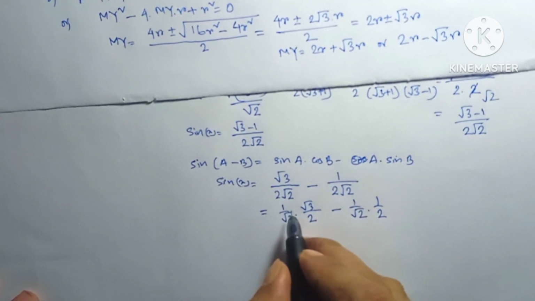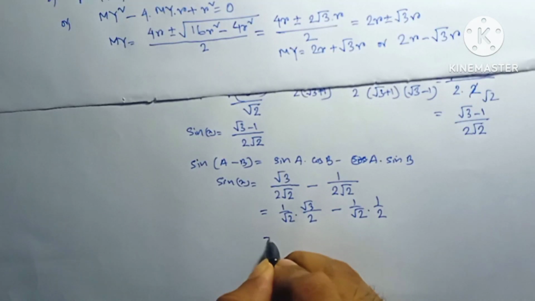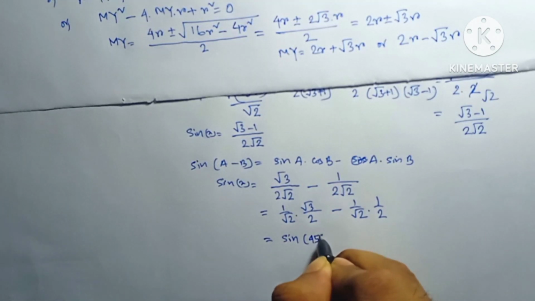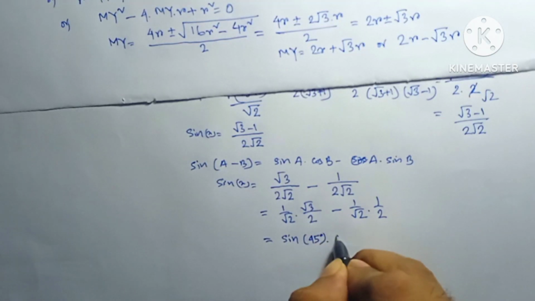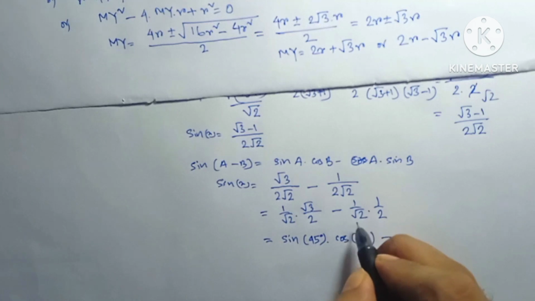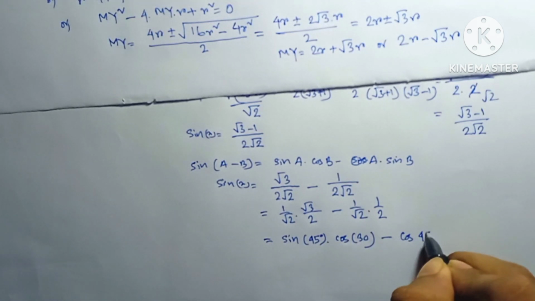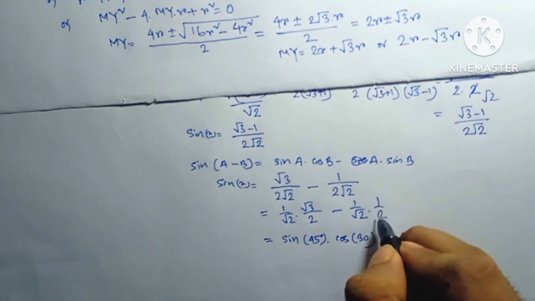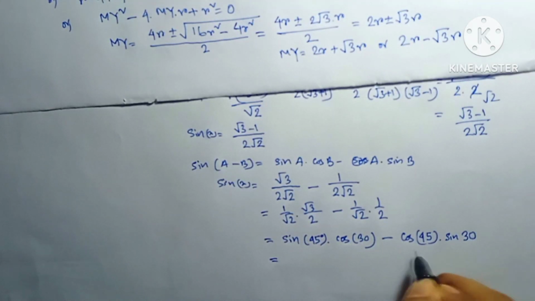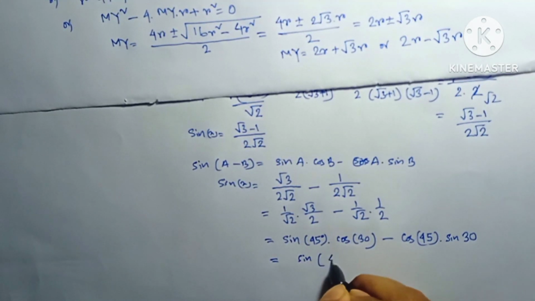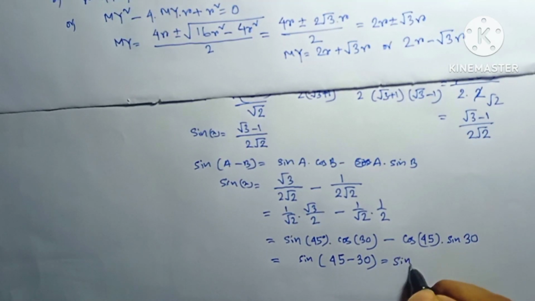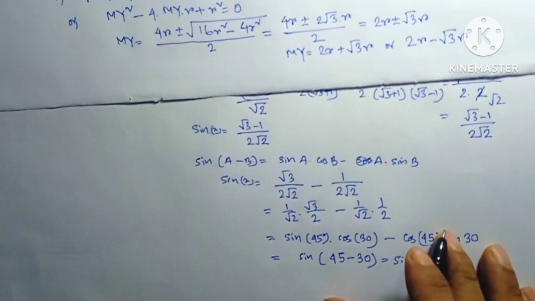Now, we know the standard values of sine theta and cos theta. So 1 over root 2 is sine of 45 degrees, root 3 by 2 is cos of 30 degrees, this 1 over root 2 is cos of 45 degrees, and half is sine 30 degrees. So you can write this term as sine of 45 minus 30, which is equal to sine of 15 degrees.